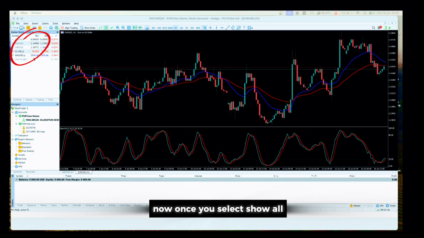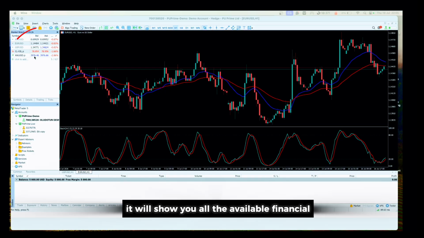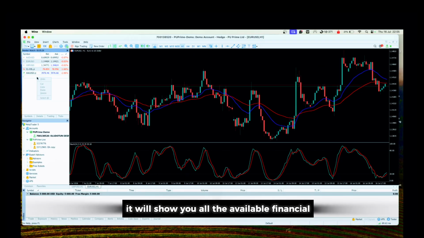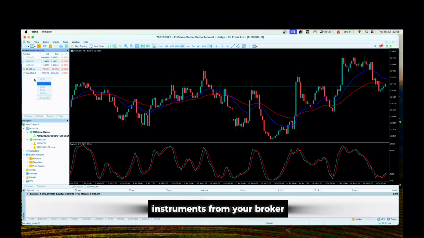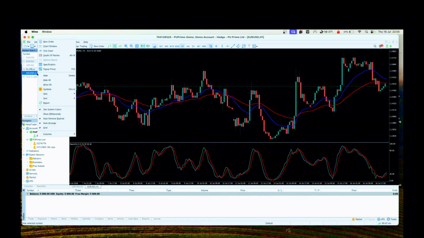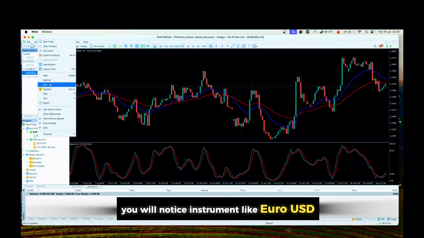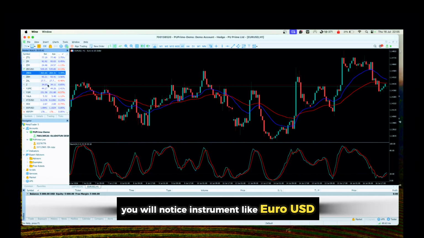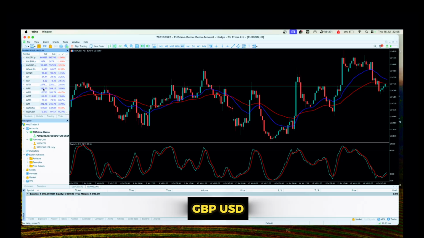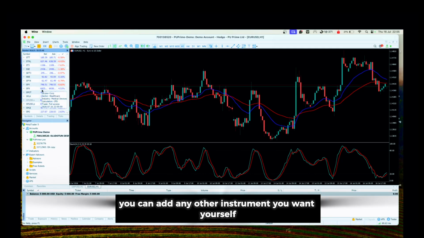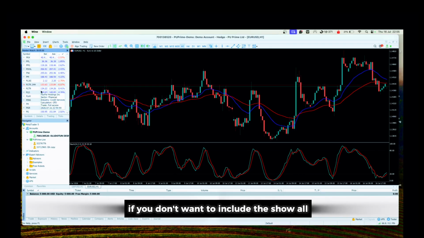Once you select show all, it will show you all the available financial instruments from your broker that you can actually trade. You will notice instruments like EURUSD, GBPUSD, and of course you can add any other instrument you want yourself if you don't want to include the show all.